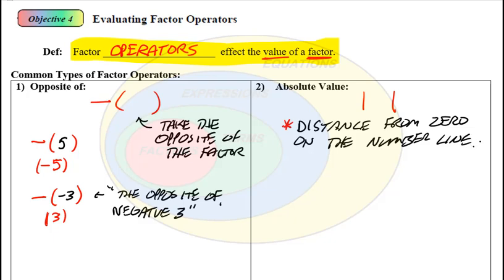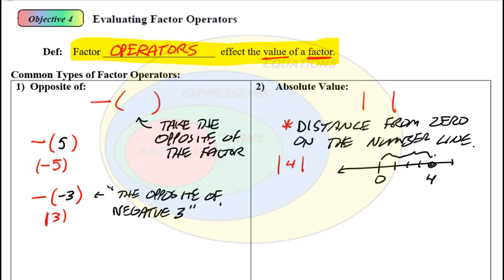So if we're looking at, say, the absolute value of 4, then what it's saying is, how far away from 0 is the number 4. So the absolute value is the distance from 0.